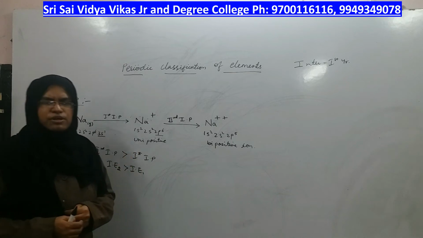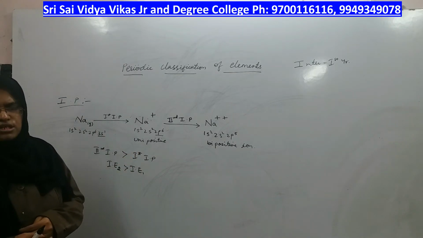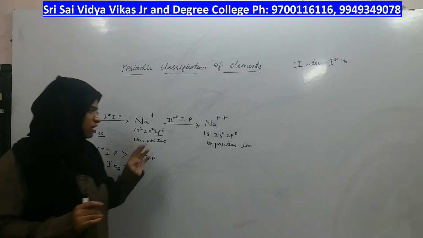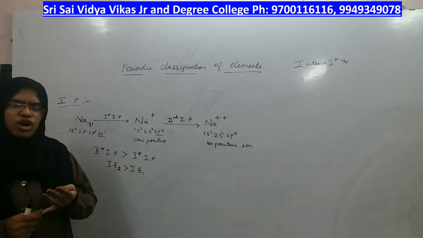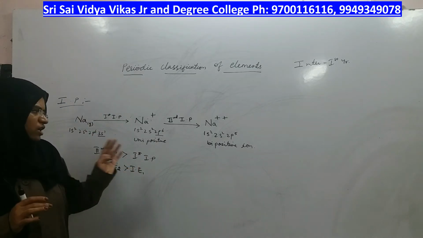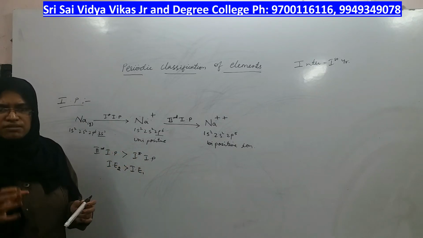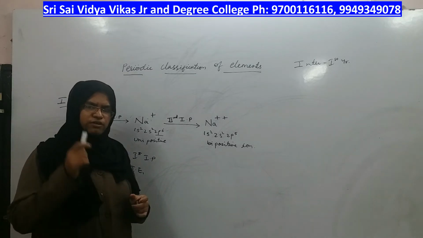Once any orbital is fully filled, it is very difficult to remove an electron from it, whether the orbital is 2p6 or d10 or f14, whatever it is. Once the orbital gets the maximum electrons possible, it is difficult to remove an electron from that orbital.